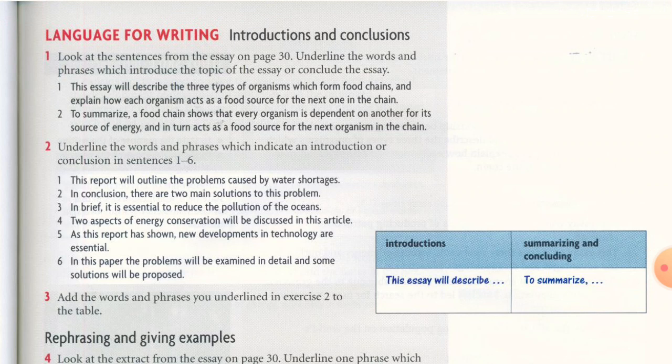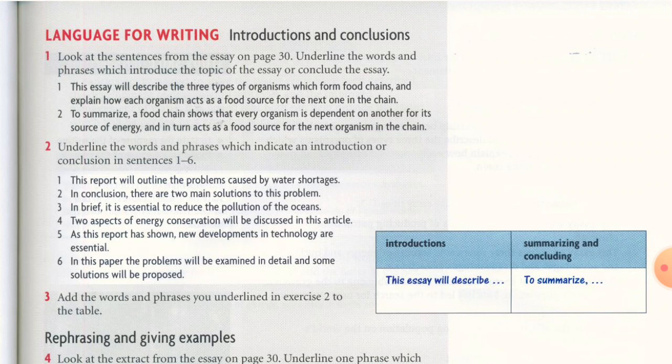We should underline the words. For example, this essay will describe the three types of organisms which form food chains and explain how each organism acts as a food source for the next one in the chain.